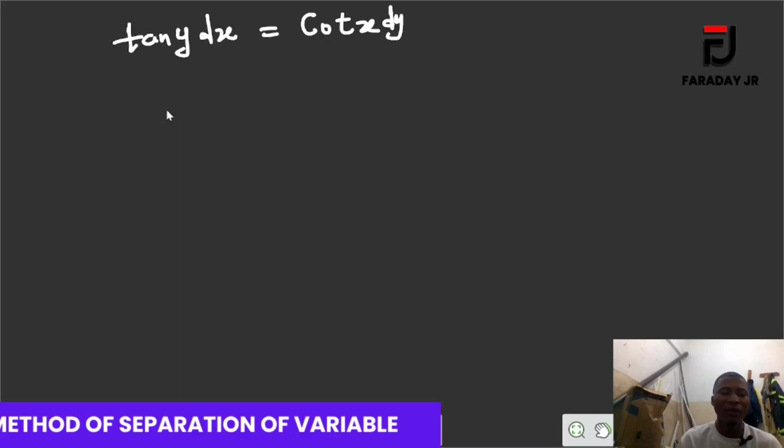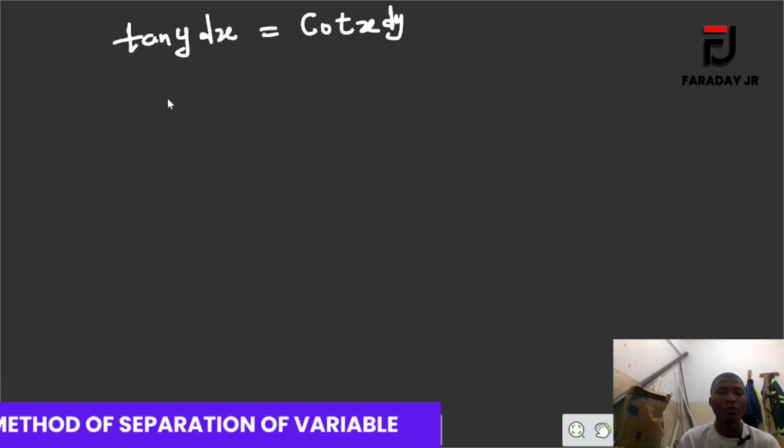Now, the question says: solve tan y dx equals cot x dy using the method of separation of variables. How are we going to do this? The best way is to bring the function into its simplest form.